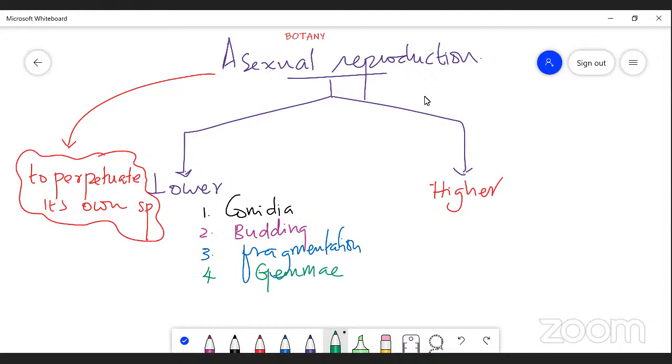The next category is fission, binary fission. The next category is regeneration. So these are the various methods of asexual reproduction.